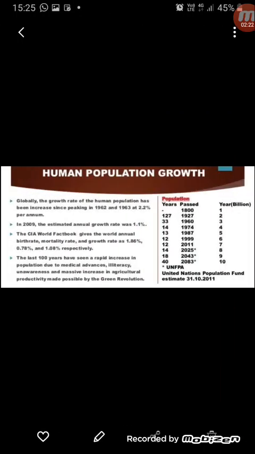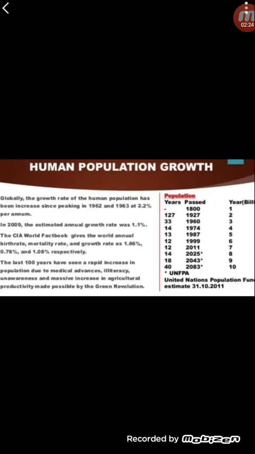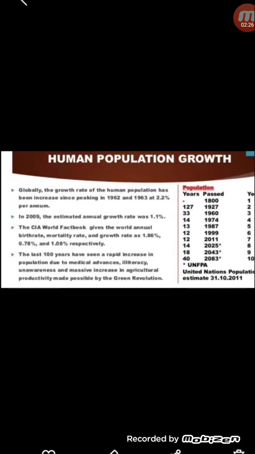Now next we move on to the human population growth. Now globally, the growth rate of the human population has been decreasing since peaking in 1962 and 1963 at 2.2% per annum. In 2009, the estimated annual growth rate was 1.1%.